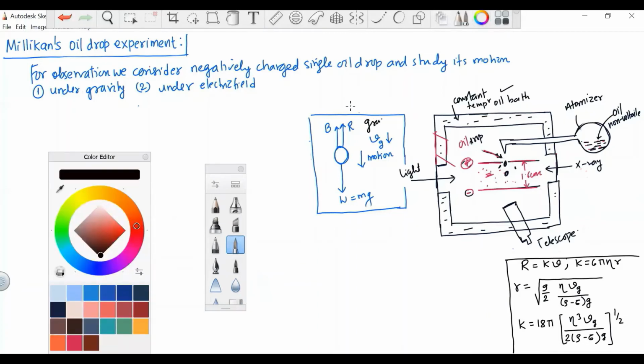I'm writing this is in gravity. This is motion in gravity. So we have this.